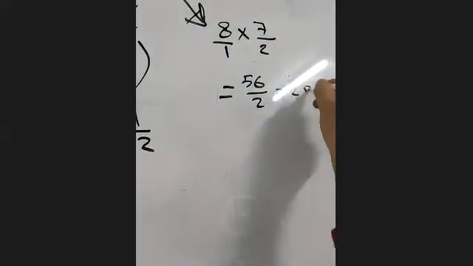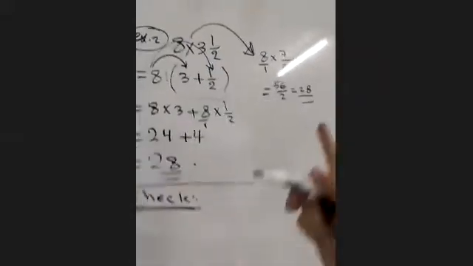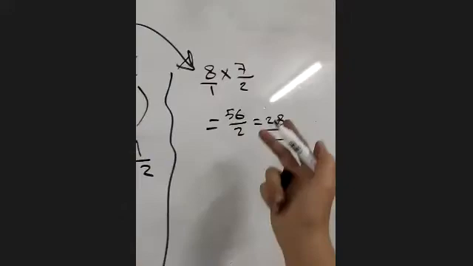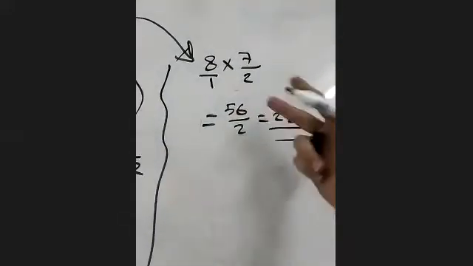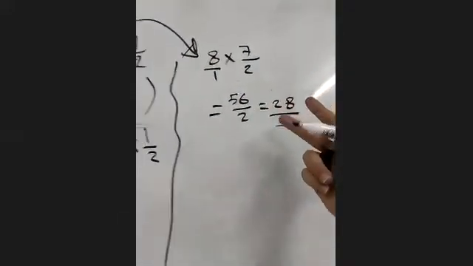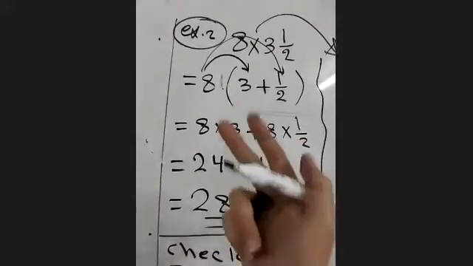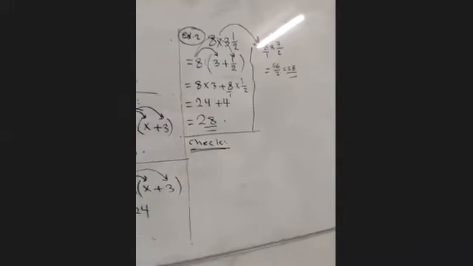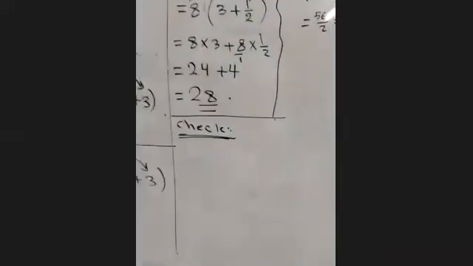If you divide, 28. See? But here I'm using the distributive property. Here I'm using the normal way, the ordinary way, the way which we took before. But if the question wants you to use the distributive property, use this way. Now let's go to the check below this example.